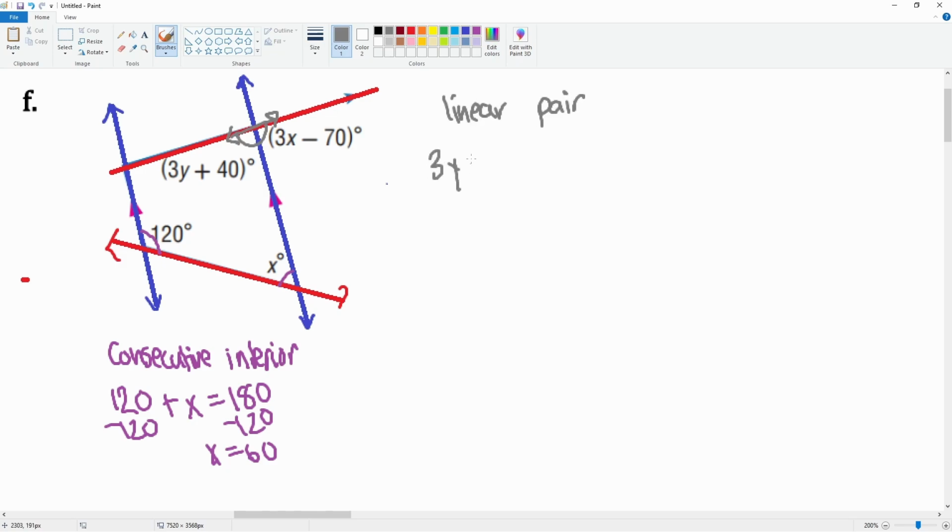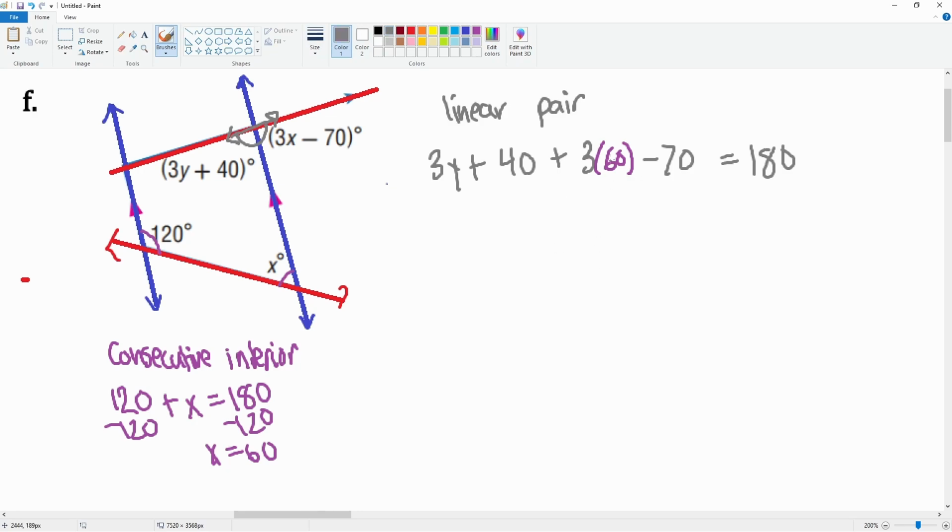So 3y plus 40 plus 3x minus 70 has to add up to 180 because they form a line. Don't freak out because you actually know what the x value is. The x value is actually 60. You have it right here on the bottom. So we can now substitute 60 in for x.